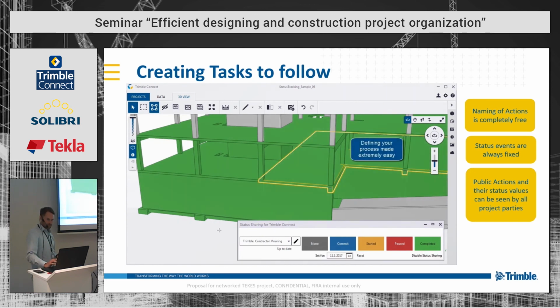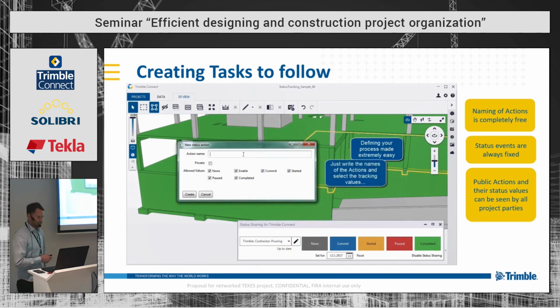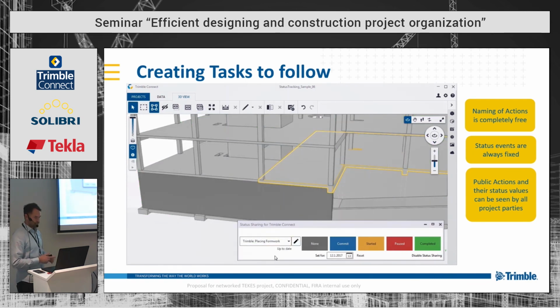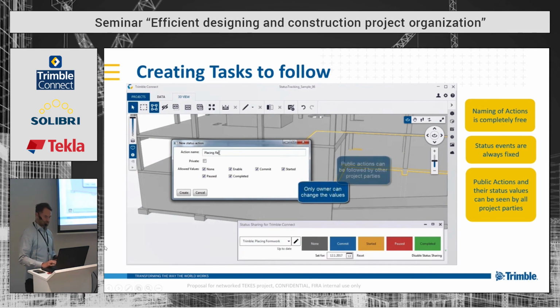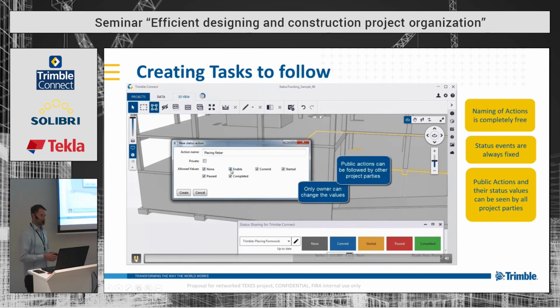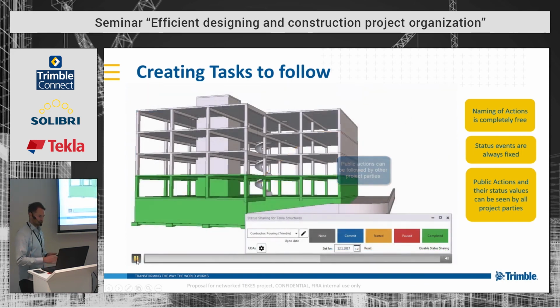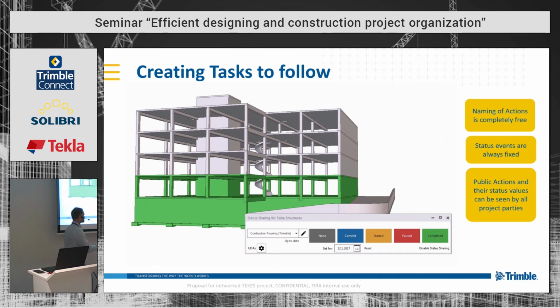So let's see it again. Okay, now we just create the task and select that it's private, and then it's already there. The basic setting is that everything in the model turns gray, so it shows that nothing has happened here. But as you can see, here are the colors of these different task statuses.